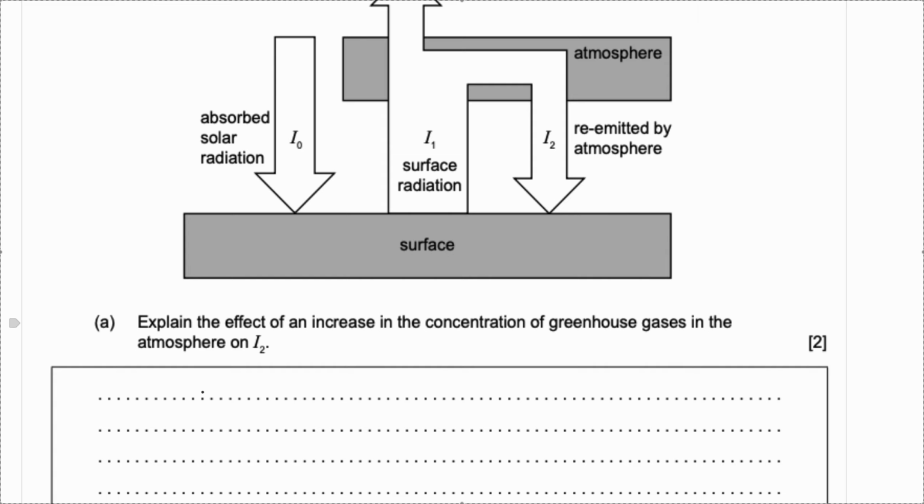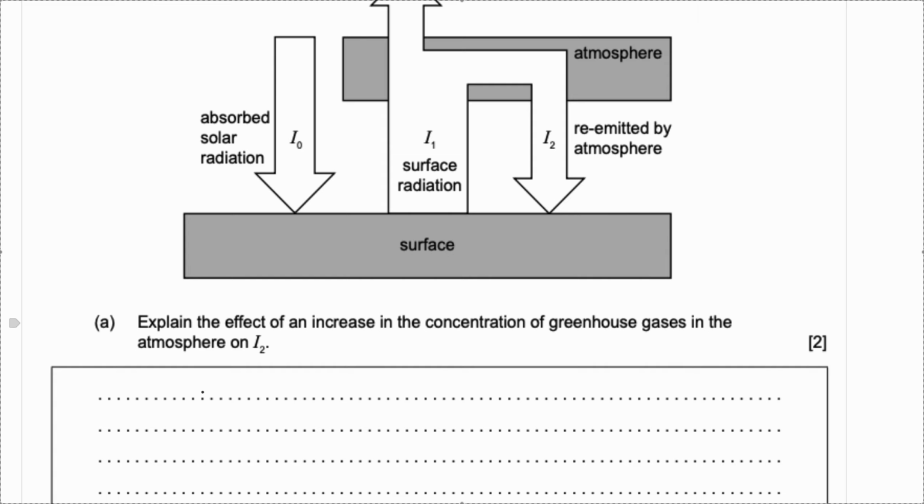Okay, and in turn the earth will try to emit this radiation back in the form of a surface radiation. Now due to our atmosphere, some of this surface radiation is actually absorbed, not all of it leaves our atmosphere. And the radiation that's absorbed is re-emitted by the atmosphere onto the earth, onto the surface of the earth. And this is the reason that the earth has some temperature.